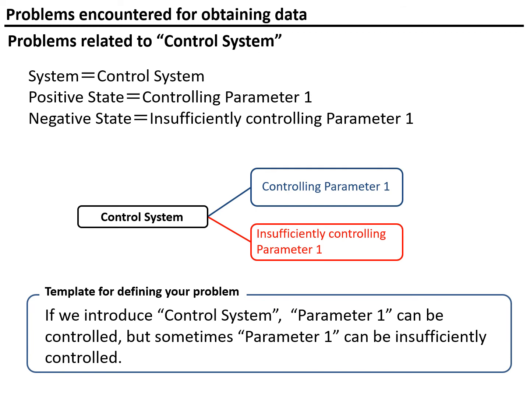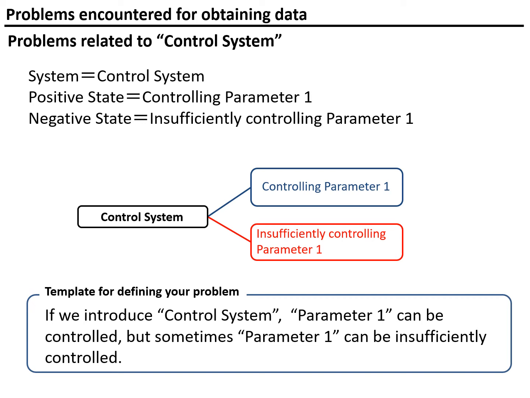Then, if we use the template which I have introduced, you could define the problem which could be encountered in the process of obtaining data related to the control system. In this case, the system is the control system, and the positive state is controlling parameter 1.